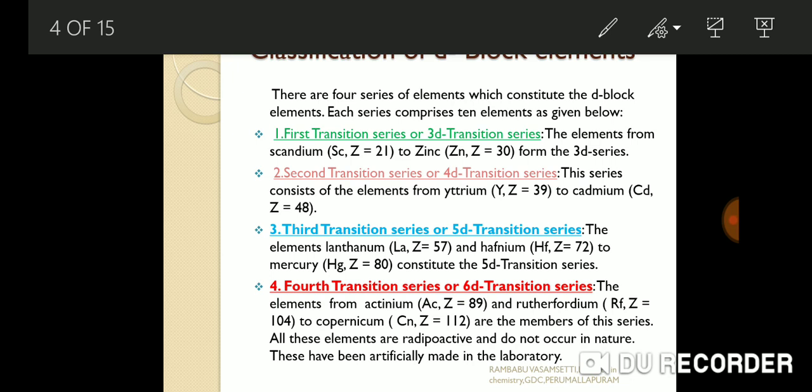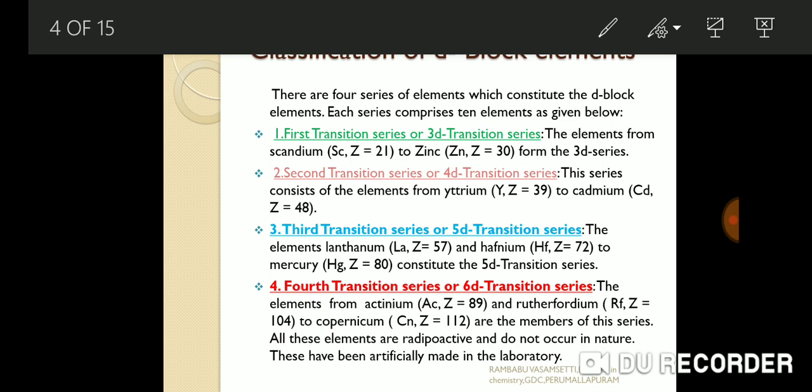Similarly, the third transition series, or the 5D transition series, has elements from lanthanum, and hafnium, atomic number 72, to mercury, atomic number 80. And the last and final one is the fourth transition series, or the 6D transition series.